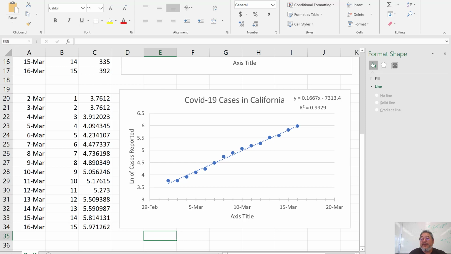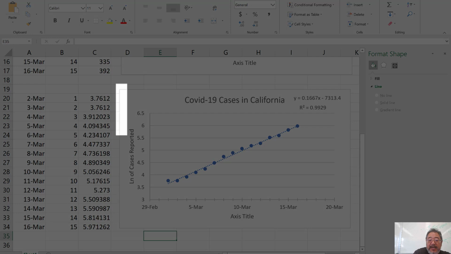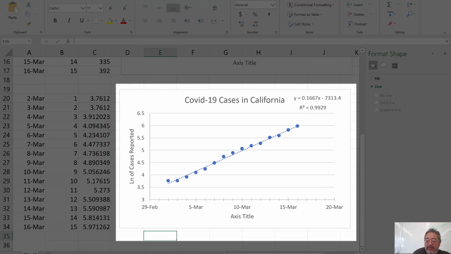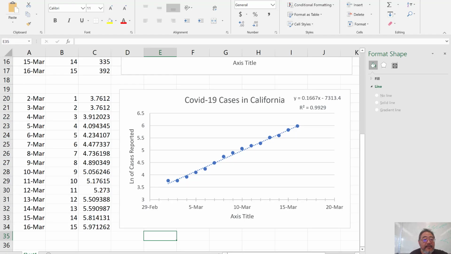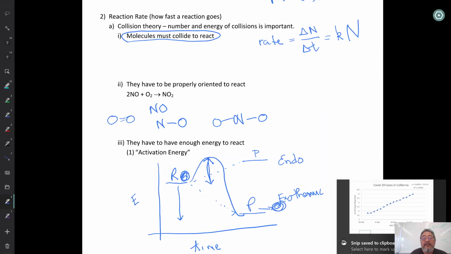Well, it turns out if you take this line, let me do this real quick. I'm going to just copy that and try to paste that into the presentation. I don't know if it'll let me, but I'll just try it.